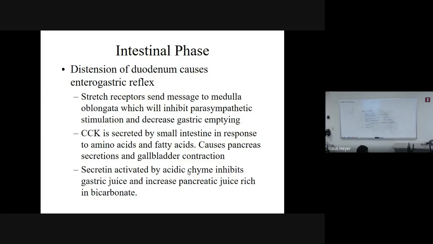It's going to want the pancreas to release bicarbonate. Also wants to slow down.